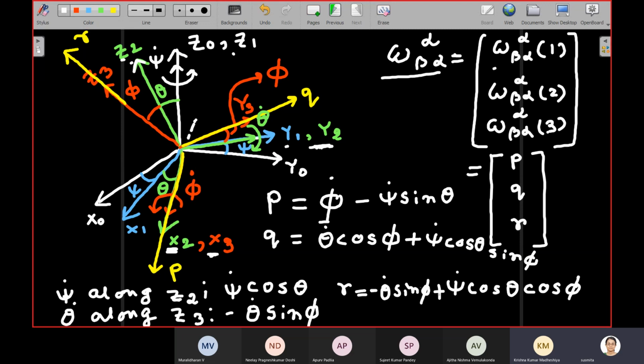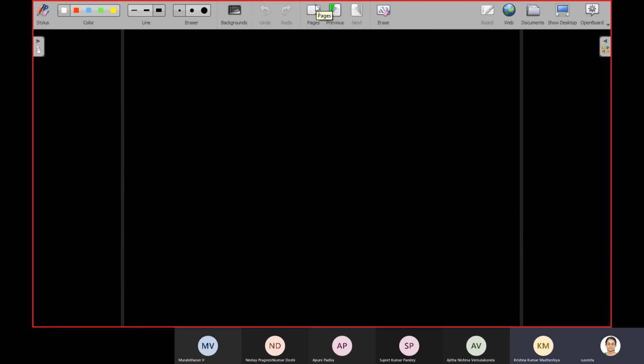Now we can put this in a matrix form, right? So using these equations we can have a matrix representation. So let me write the equations once again.